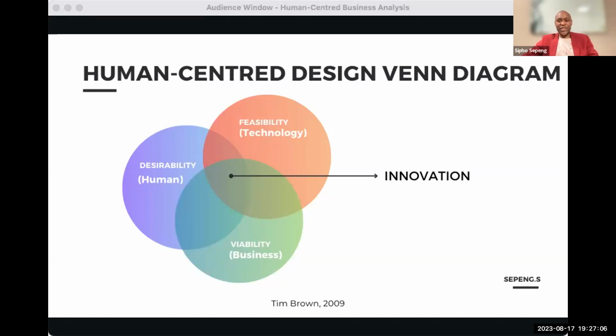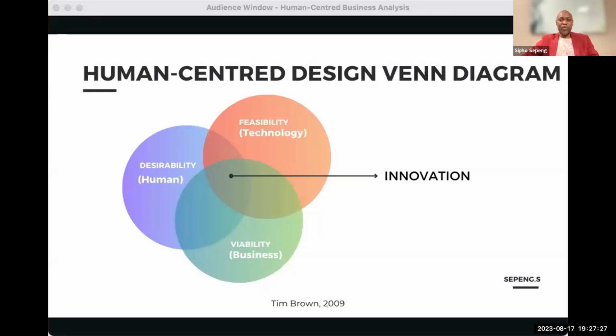And so this will always be the starting point for design thinking. That is captured in the desirability circle of the Venn diagram. And desirability just basically refers to what makes sense to people and for people.